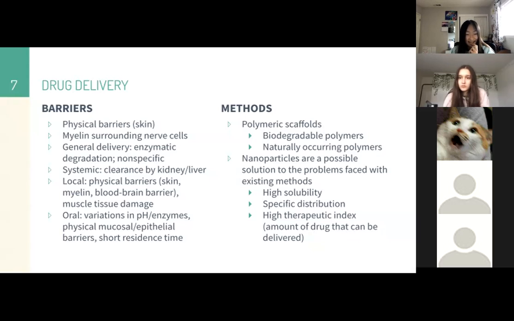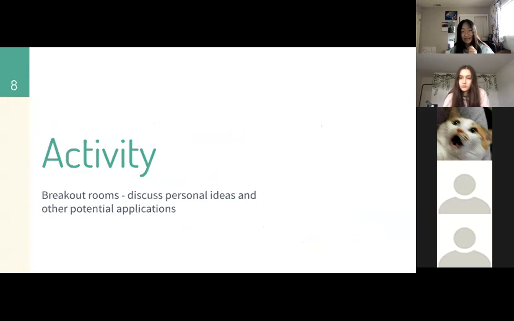And yeah, now we're going to go into breakout rooms, but we can't really do that because we only have two people. So we're going to discuss some personal ideas and other potential applications for molecular biology.